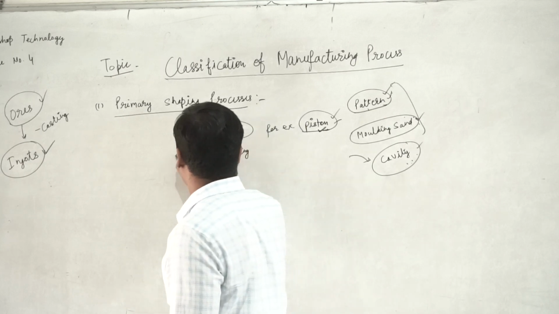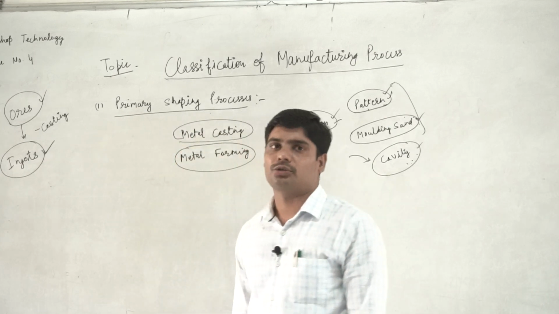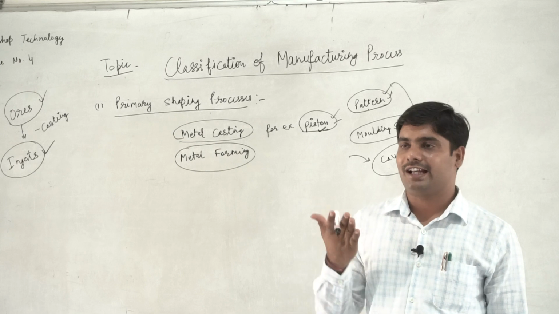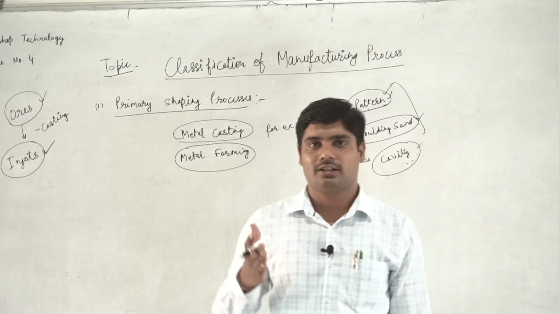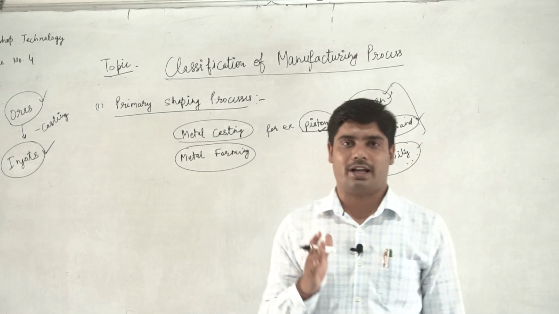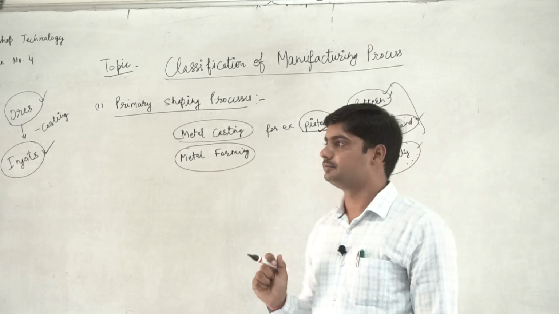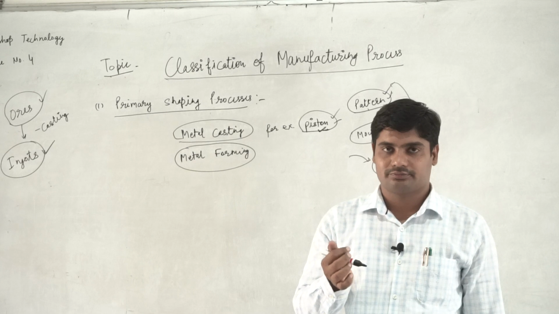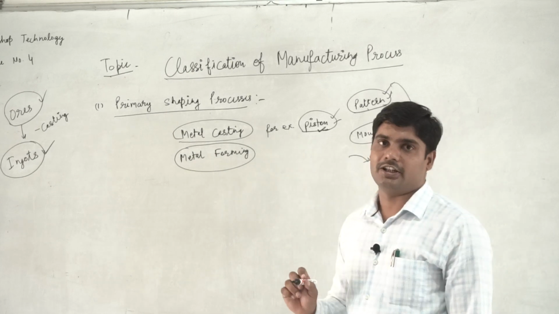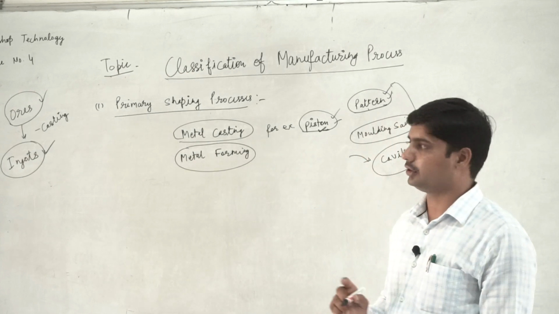Now metal forming. Metal forming is squeezing, meaning with the help of very heavy forces, very heavy pressure, the metal is squeezed and plastically deformed, like coins that are plastically deformed. That is the metal forming process.